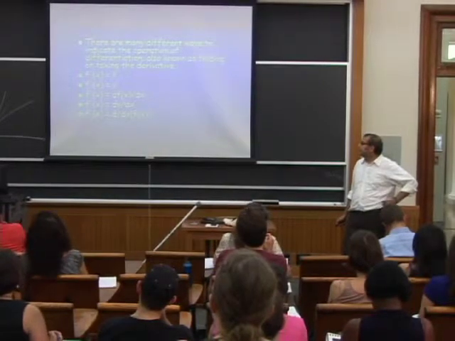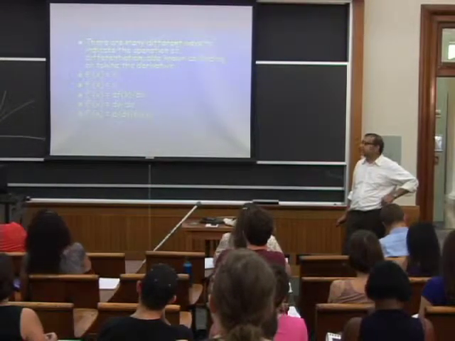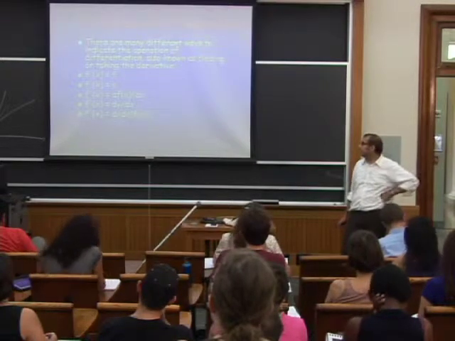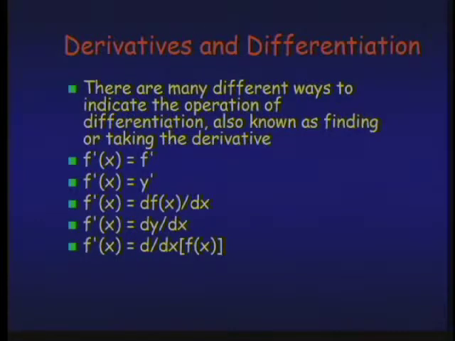But it's a good way to apprehend reality. So just become fluent in the different names. So this is f prime of x, or f prime, or y prime. A common one is dy dx, or df(x) over dx.